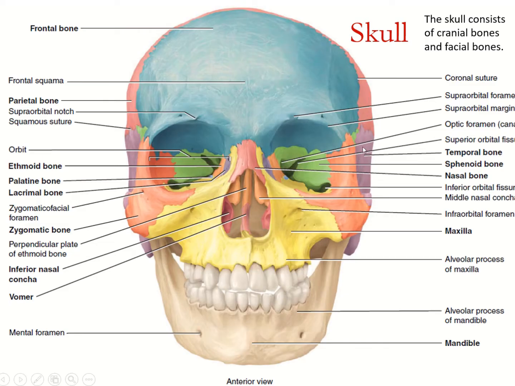We'd be able to appreciate more of the cranial bones in a sagittal or lateral view. And then the facial bones. So we have the nasal bone over here, the maxilla, the zygomatic bone, the lacrimal bone, the palatine bone, the vomer, the inferior nasal concha, and then the mandible over here that makes up the jaw.